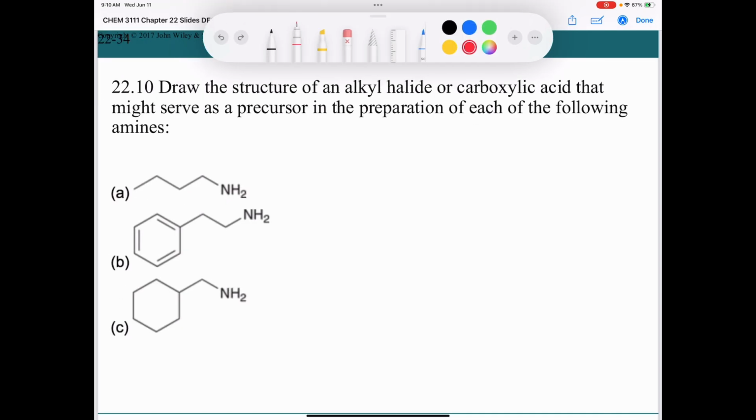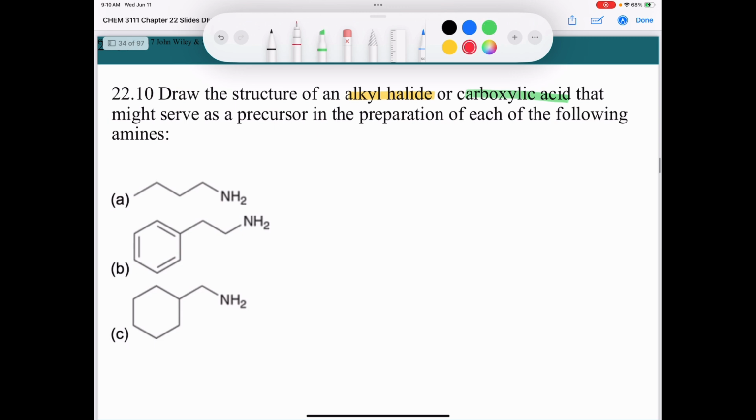Okay, draw the structure of an alkyl halide or a carboxylic acid, so we'll do both for each one, that might serve as a precursor in the preparation of each of the following. If we're going to do alkyl halide chemistry, for that we're going to use sodium cyanide. We're going to do the SN2 with the sodium cyanide, and then we're going to reduce that with lithium aluminum hydride.